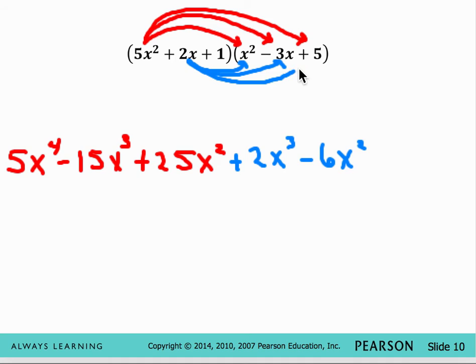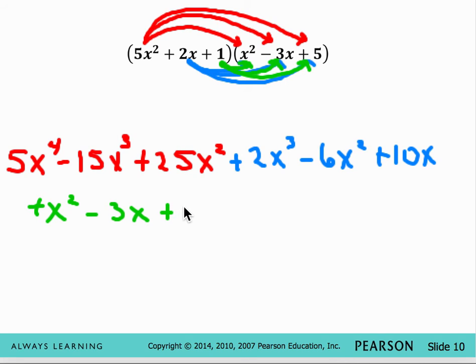And 2x times 5 is plus 10x. Now that I've multiplied that term times every one of these, move to the next one. 1 times x squared, that's just x squared. 1 times negative 3x, negative 3x. 1 times 5, plus 5.